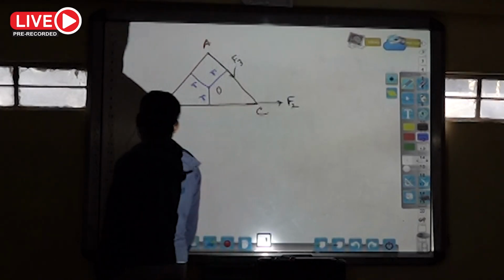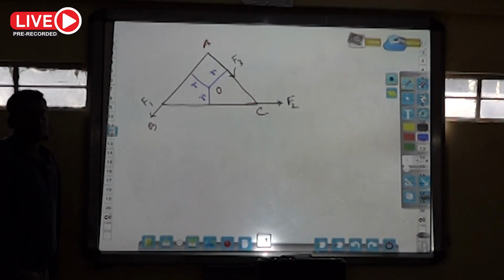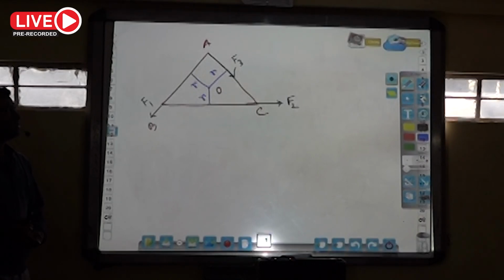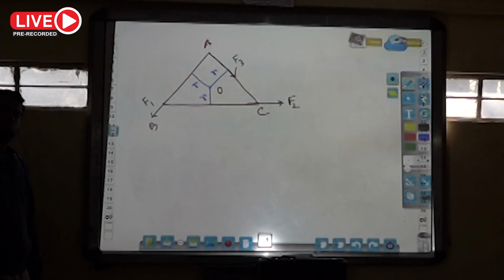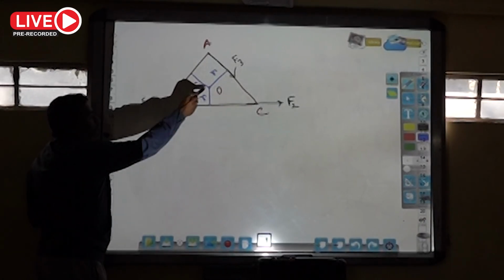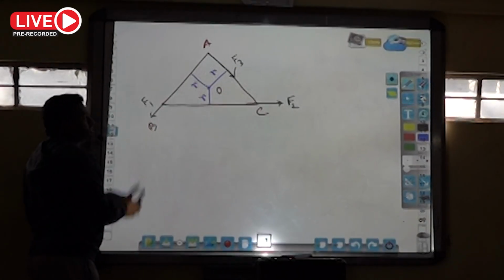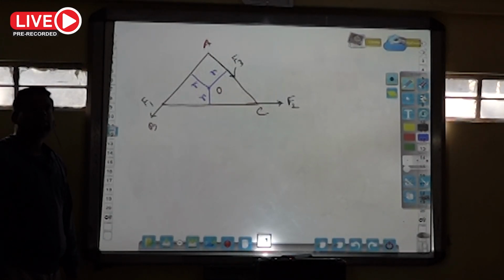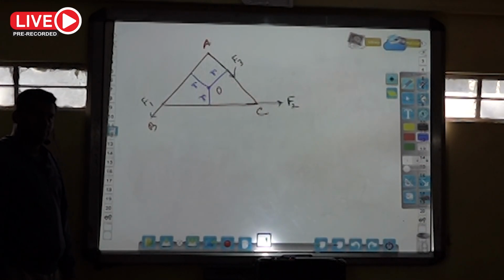Then calculate torque, for all will be 0 about O. Now see, about O, this force tries to produce a torque which is in anti-clockwise direction.